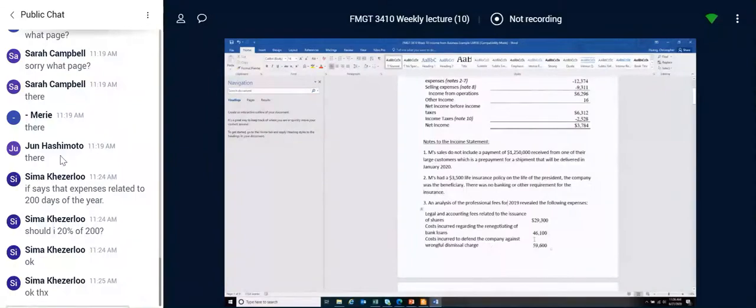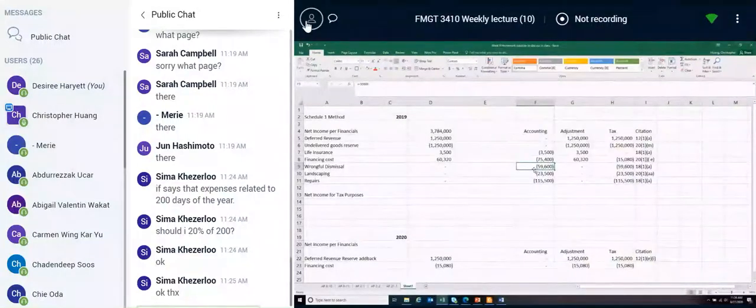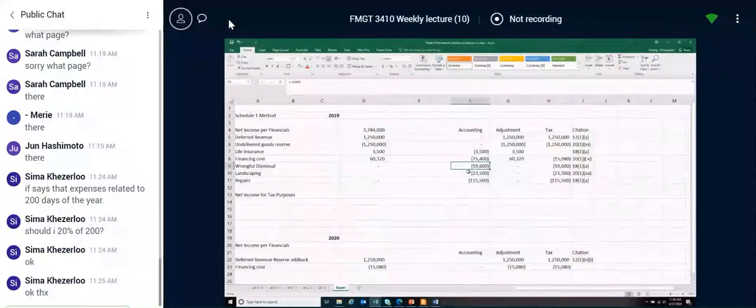So the answer is yes, this would be deductible under 18(1)(a). So here, for example, accounting would deduct the cost. Tax would also deduct the cost pursuant to 18(1)(a).